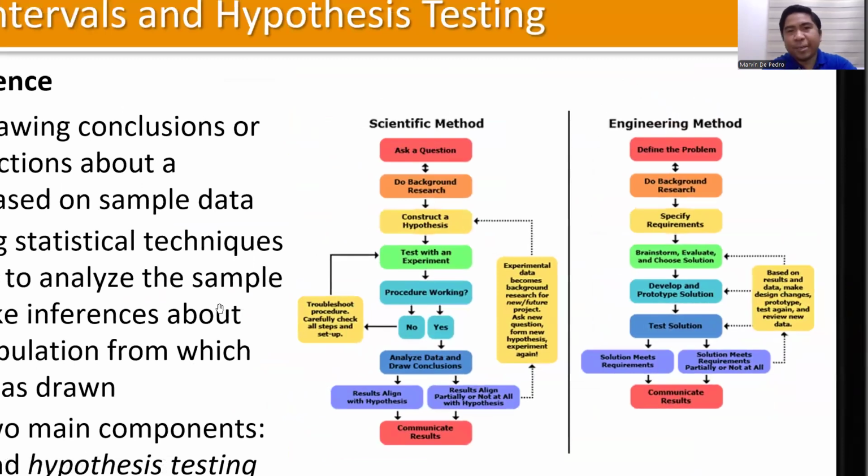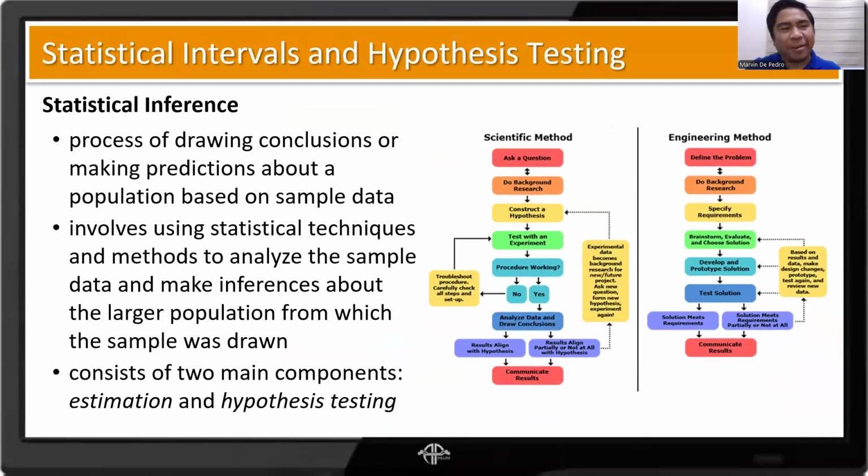And for engineering people and students, it's very common that we usually use both, especially when we are developing a certain prototype. Now, how does statistical inference relate to this?